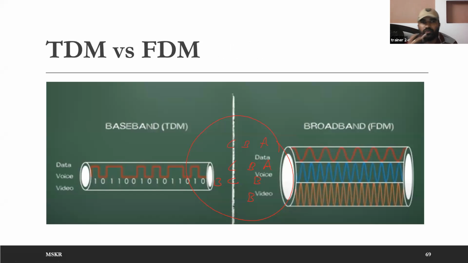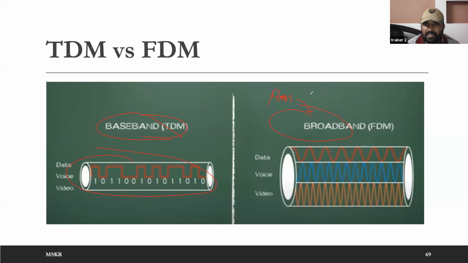So here, when to use TDM and when to use FDM? If you recollect, in one of my previous classes, I told you there are two types of transmission: baseband transmission and passband transmission, where passband transmission is also called broadband transmission. In baseband transmission, the signal will be transmitted at the same frequency where the signal is generated, which is normally observed in computer communication, digital communication.